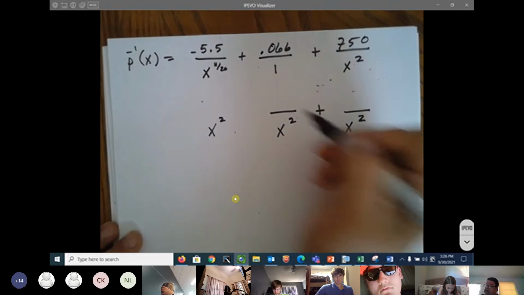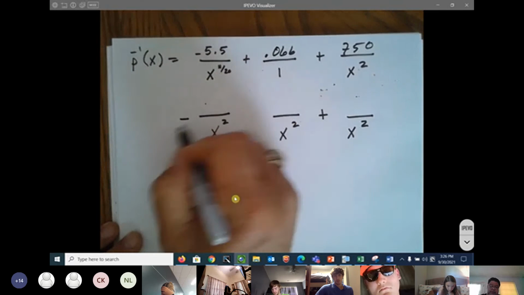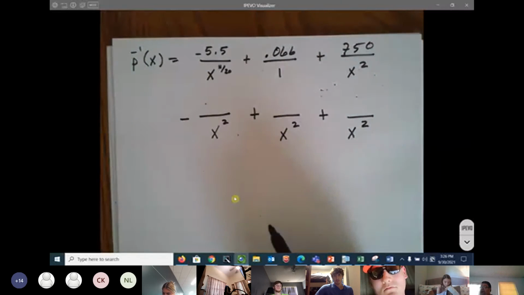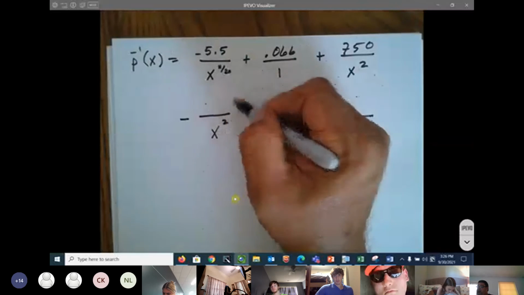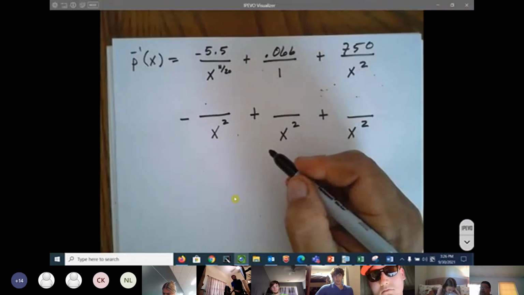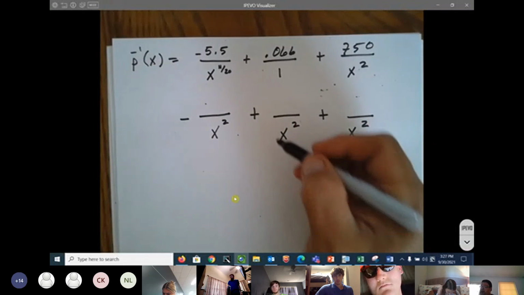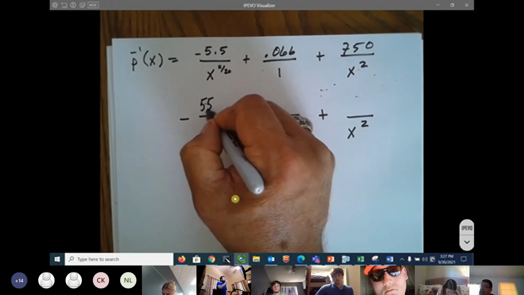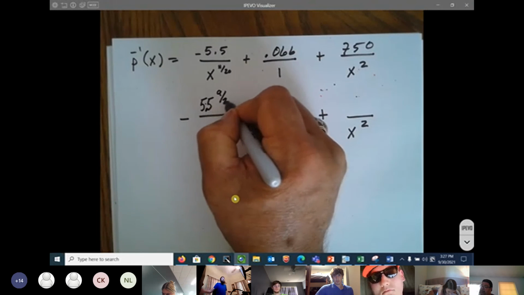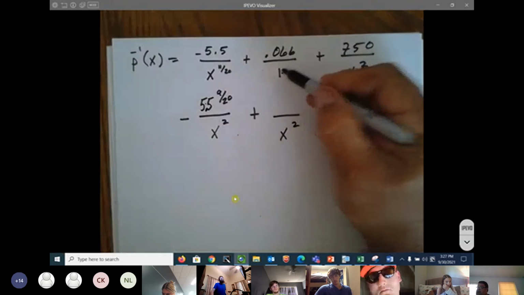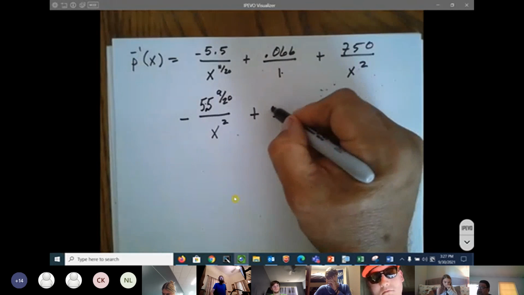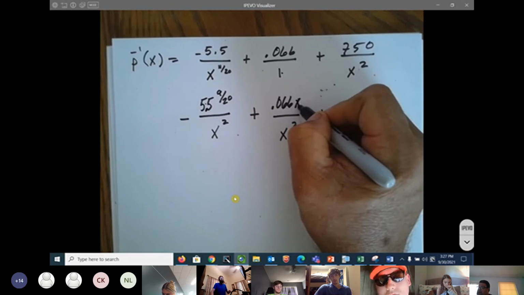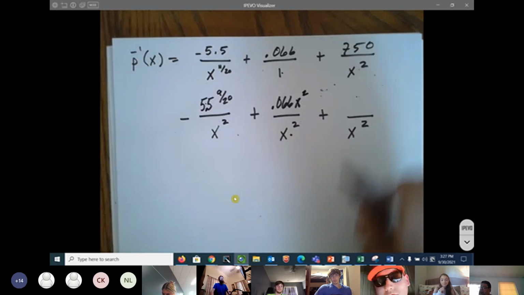Make sure my signs, this is negative, this is positive. Okay, how many times will x to the 11/20ths go into x squared? Well, 9/20ths. So that's going to be negative 5.5 x to the 9/20ths. And how many times will 1 go into x squared? x squared times 0.066, sorry.